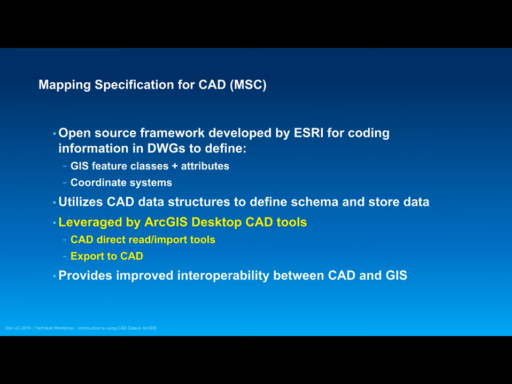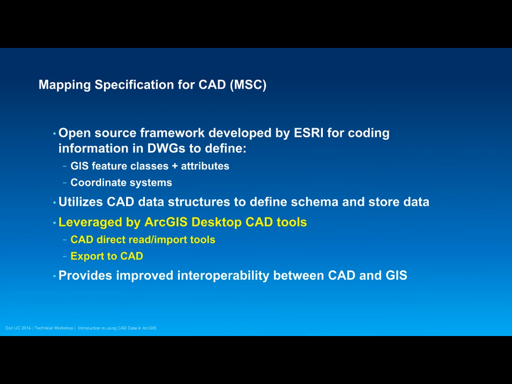It's an open source framework that was developed by Esri just for coding information into DWGs to define things that help us in the GIS, like GIS feature classes plus the attributes, as well as coordinate systems. It utilizes CAD data structures to define schema and store data, and that makes it come through to the GIS in a more GIS friendly way.